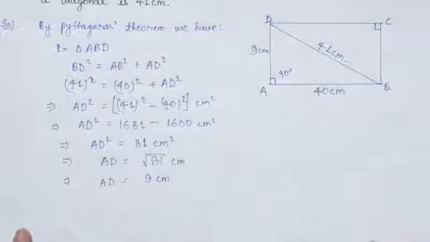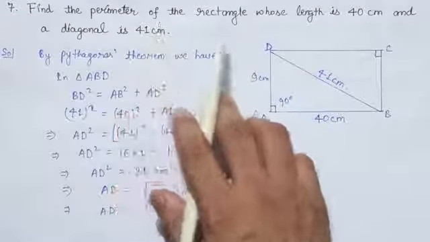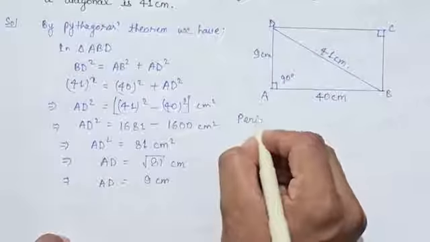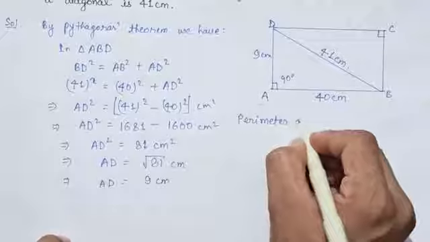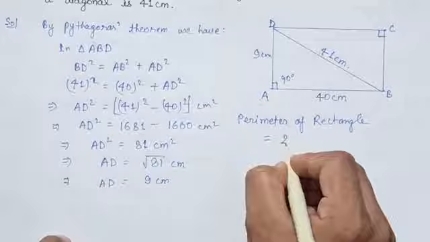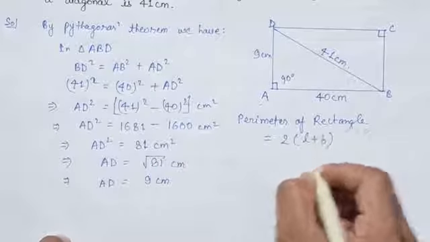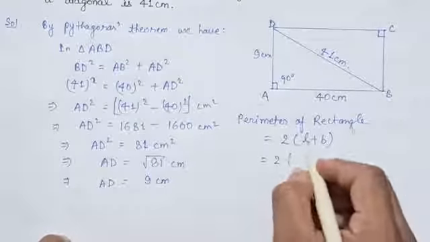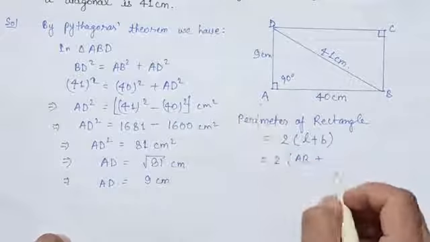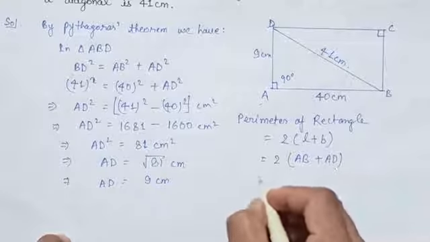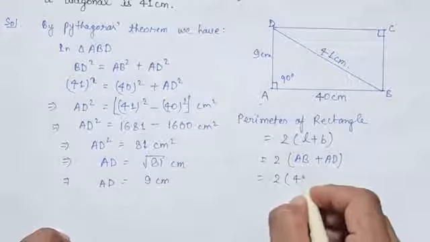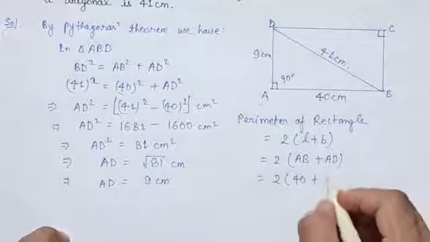Now we have to find the perimeter of the rectangle. You know the perimeter of a rectangle is equal to twice the sum of length and breadth. Here the length is AB and the breadth is AD. Now let us put the values. AB is equal to 40 centimeters plus AD is equal to 9 centimeters.